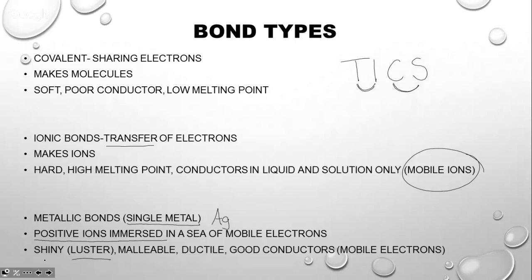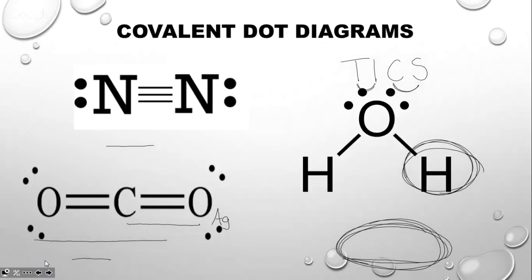They're malleable and ductile, which means they're moldable and can be drawn into thin wires, and they're good conductors of electricity. Metals conduct electricity in every phase because of their mobile electrons. So keep in mind that ionic substances conduct in liquid and solution when their ions can move, while metallic substances conduct in every phase, solid and liquid, because of their mobile electrons.